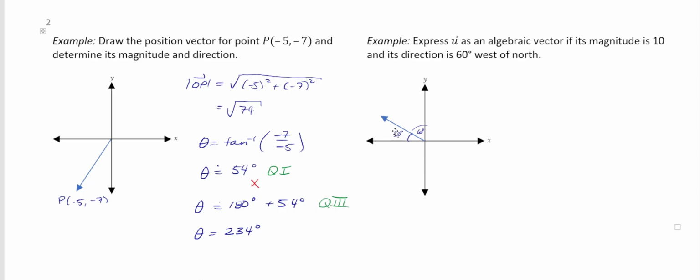Well, if this is 30 degrees, you can see that this is going to produce a special triangle here. So I'm going to put my magnitude along that right there, and my magnitude is 10. And I'm going to construct a right angle triangle so you can see that this is in fact a special triangle. Okay, there we have it.